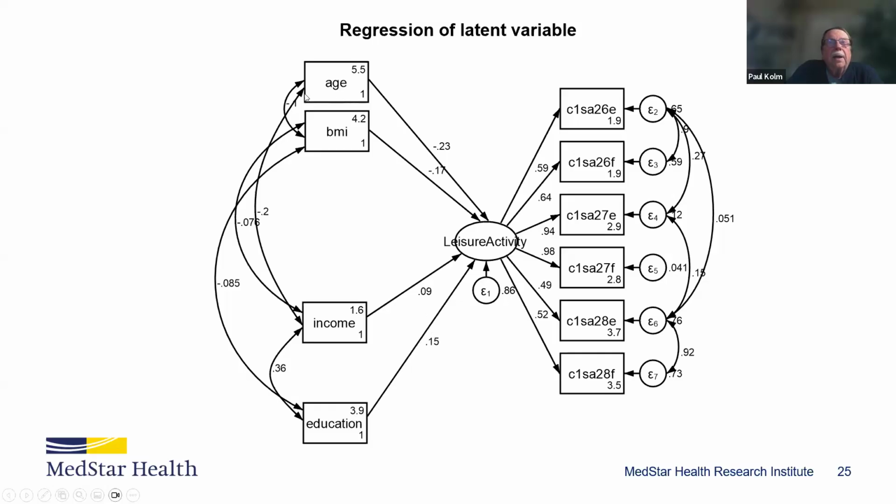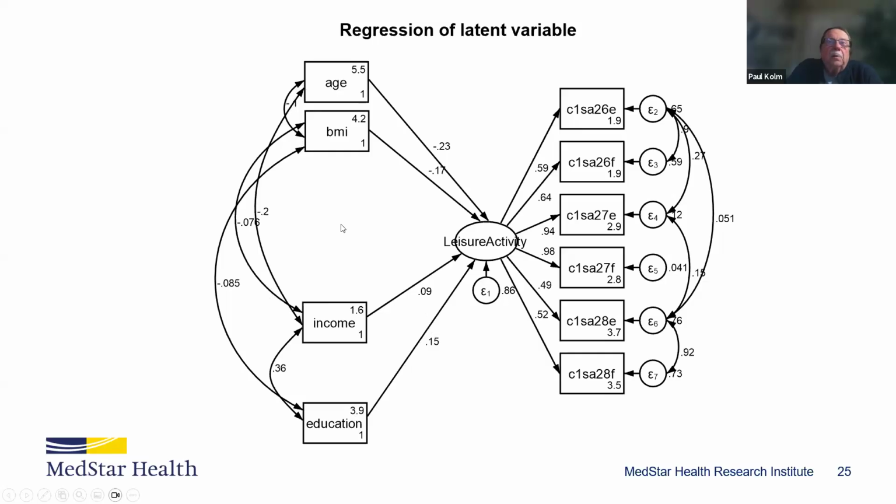Then I put in the bidirectional arrows between the predictor variables. What this means is that I'm including the interaction between, say, age and BMI, age and income, age and education in the model, as well as each one individually.